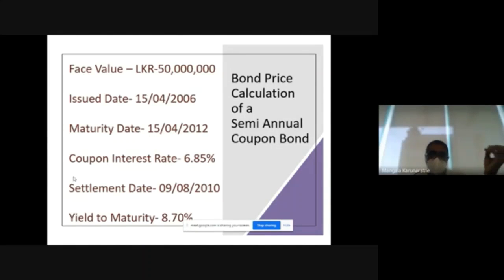Then the after coupon, after the settlement date, will be on 15/10/2010. So in this scenario, our last coupon was 15/4/2010, and the next one is 15/10/2010, right? That is after this settlement date.